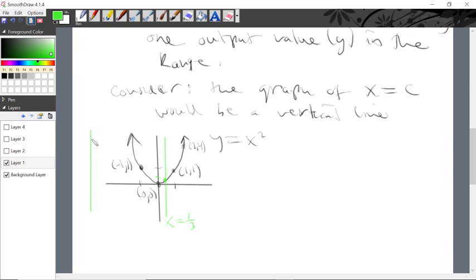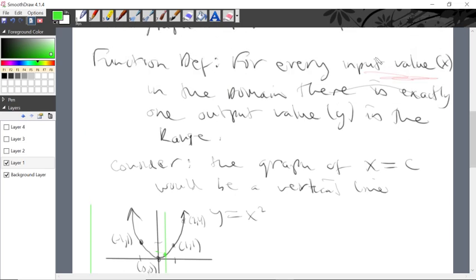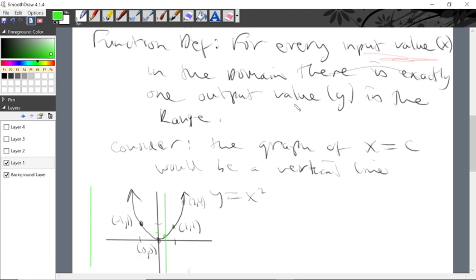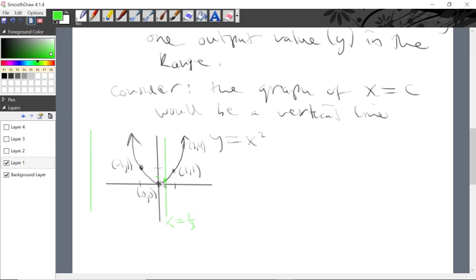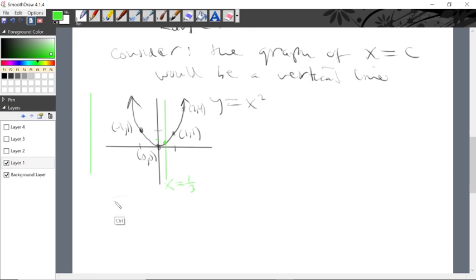It's okay if it doesn't intersect it at all. If it doesn't intersect the graph at all, then it means the chosen x value is not in the domain of the relation. We only have to check the values of x that are actually in the domain. If the value of x was not in the domain, then we're not going to get a y value for it. So we're really checking it for every x value.